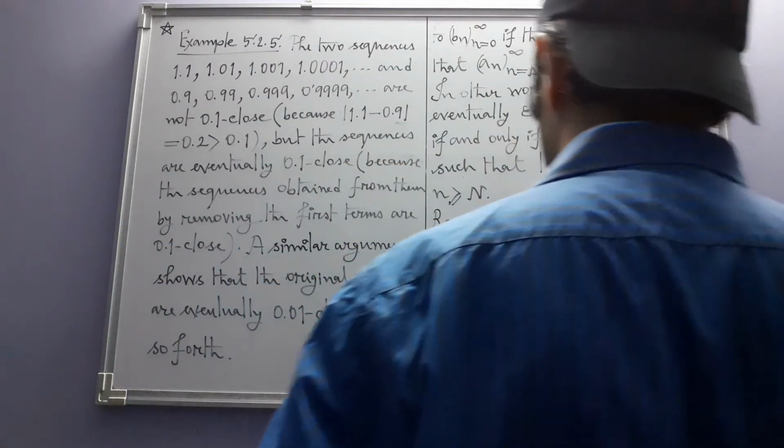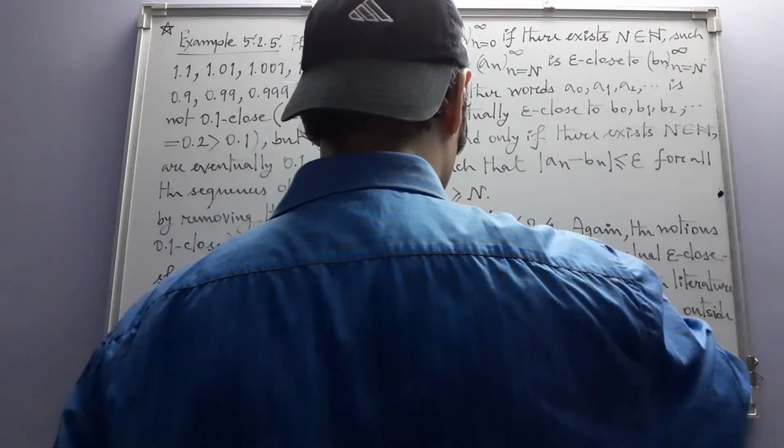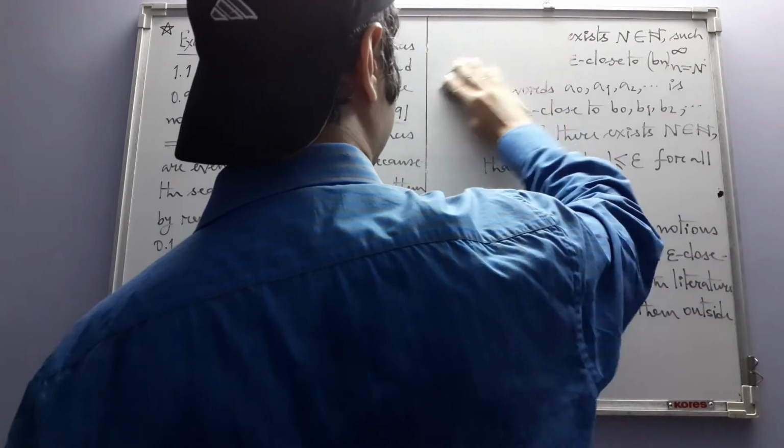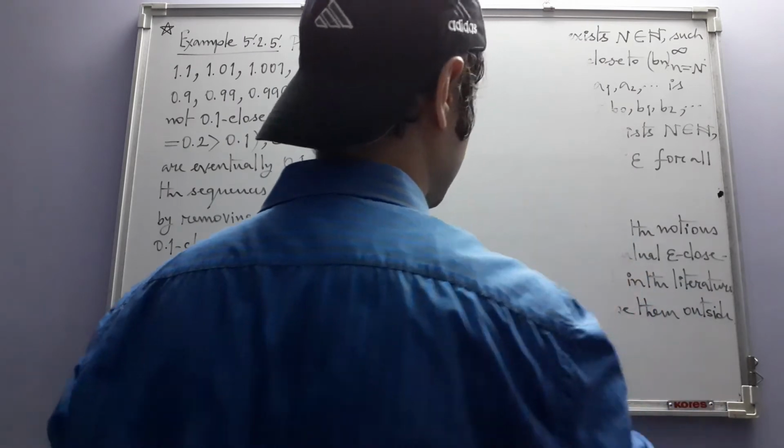Okay, now with the help of this notion of eventual epsilon closeness, we can define equivalent sequences.